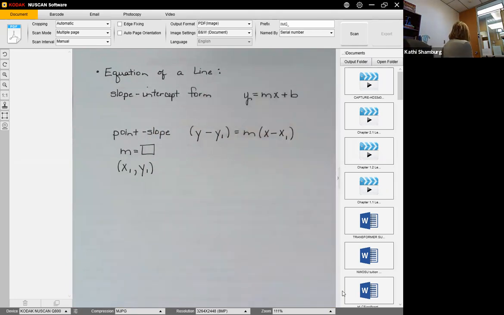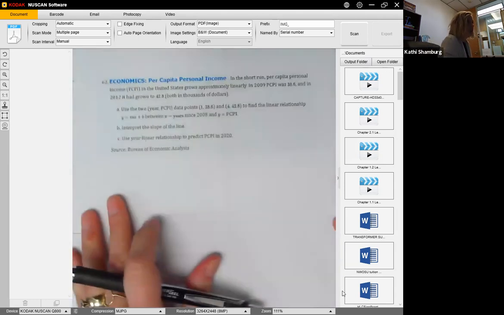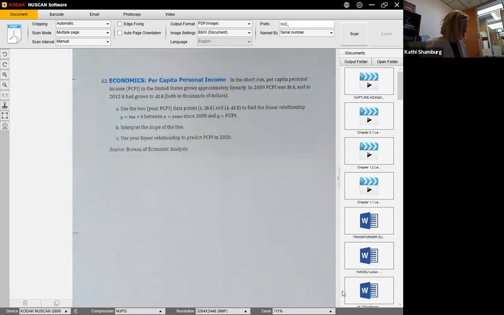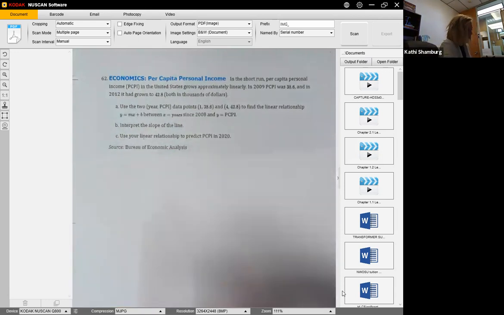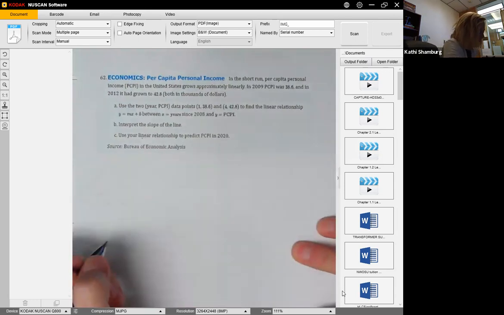So we're actually going to look at an application problem that you will see that will utilize those. Okay, so here's what we have. This came from the book. In the short run, per capita personal income, which is known as PCPI, in the United States grows approximately linearly.